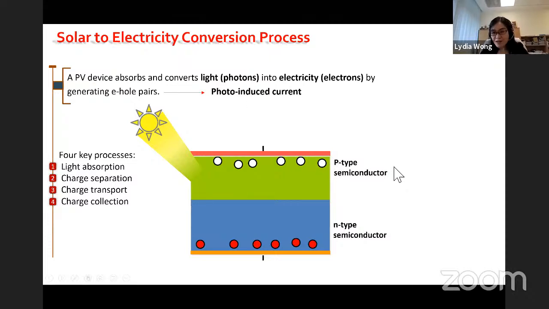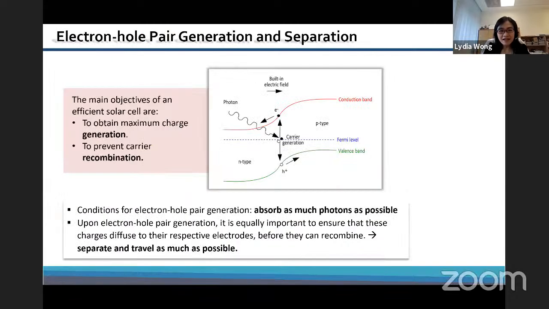Anyway, p-type semiconductor means the majority of the carrier is holes. The n-type semiconductor means the majority of the carrier is electrons. So p-type means hole rich, n-type means electron rich. Okay. All right, so I will move on now. This is what I mentioned just now, right?